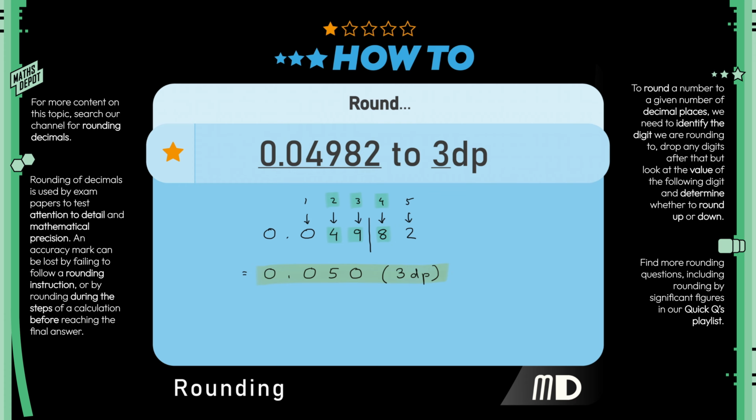Be careful with the final 0. Even though 0.050 and 0.05 have the same numerical value, we must keep the final 0. The question specifically asked for 3 decimal places, and our final answer must show exactly 3 digits after the decimal point.